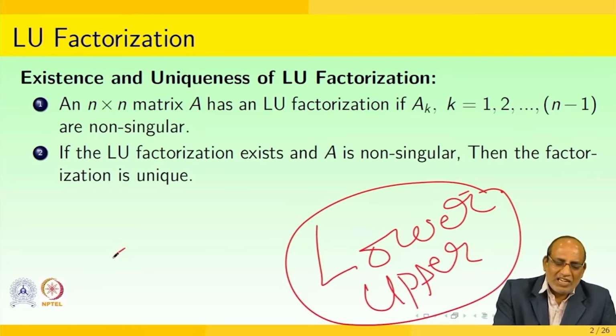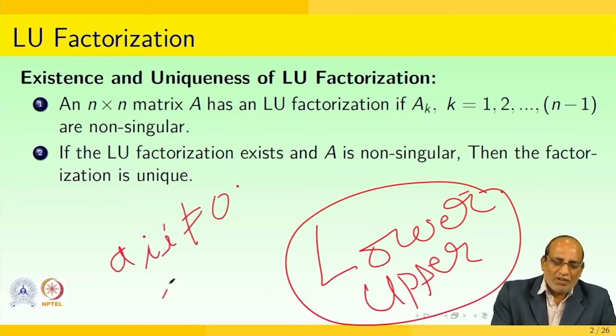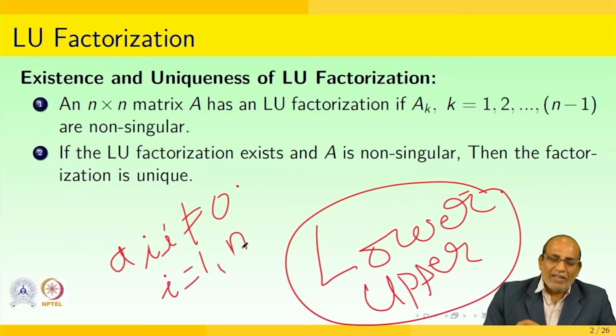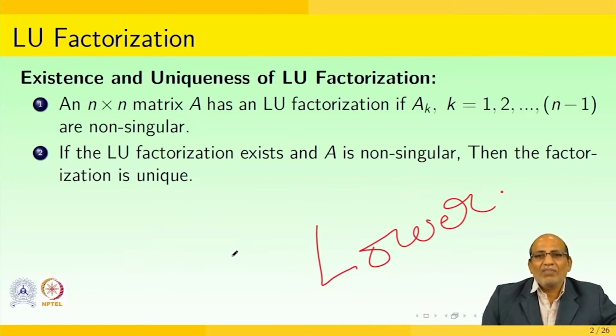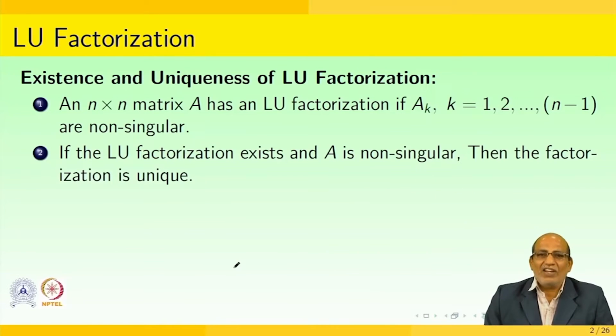So essentially A_ii should be free from 0 for i = 1 to n. That means all the leading diagonals should be free from 0 so that we are able to find the LU factorization.